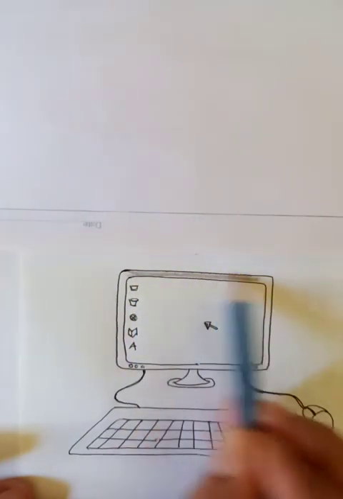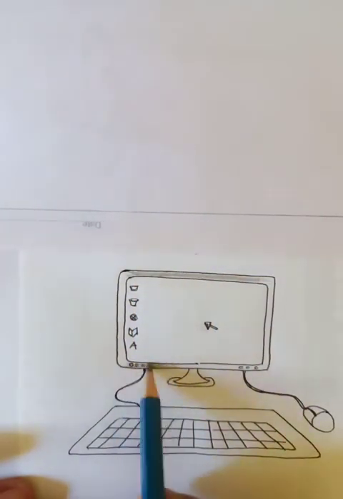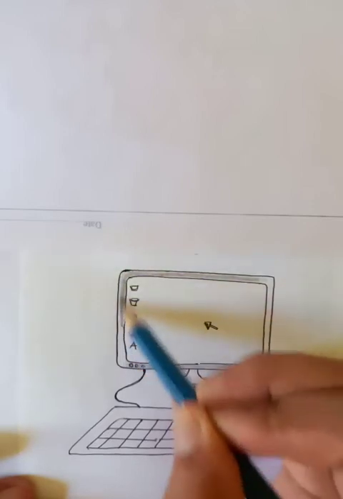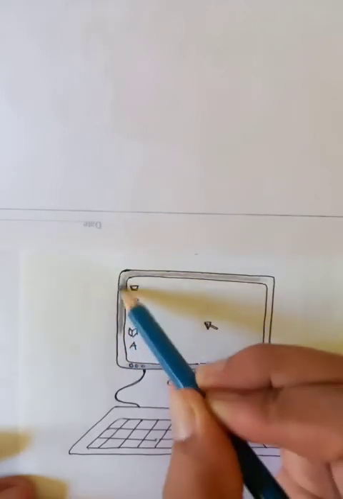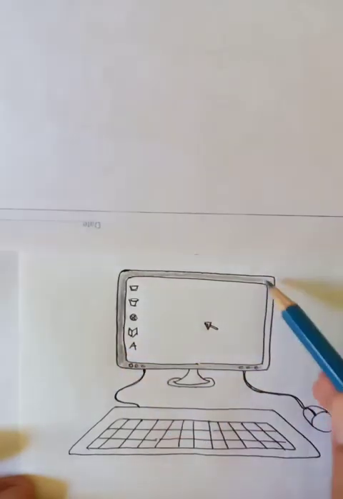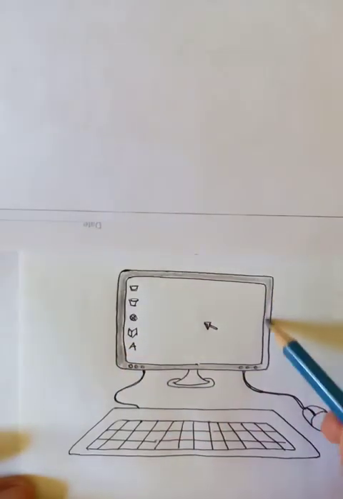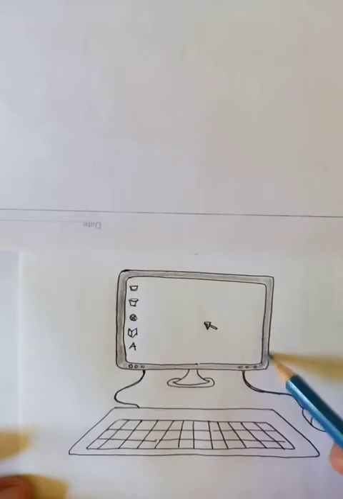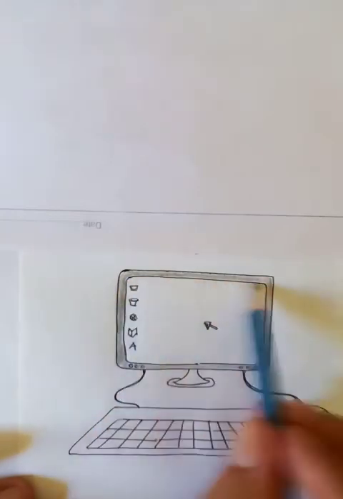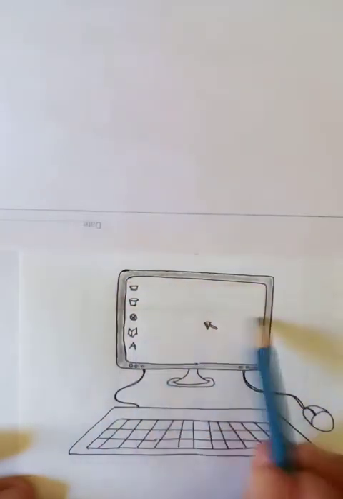Let's put little shade around the border of the monitor. And we can put a light shade inside.